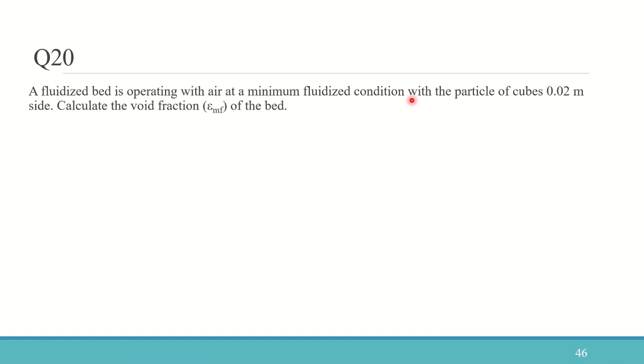Option A 0.45, option B 0.35, option C 0.25, option D 0.55. So how will we calculate this?